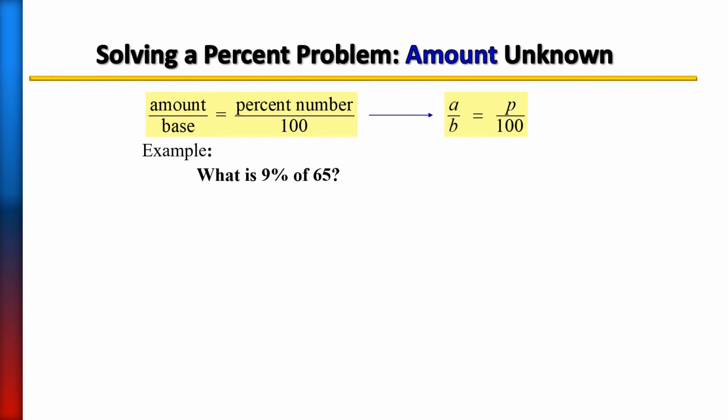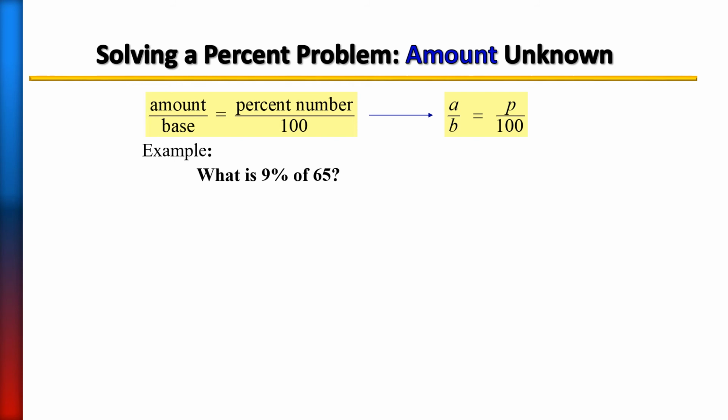So starting with that first example we did, what is 9% of 65? Anytime you see of, behind of is going to be your base. So your base, B, is 65. That's going to go down at the bottom where the B is.